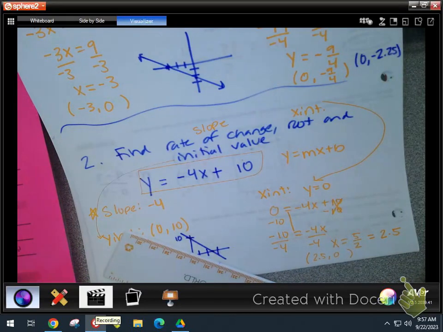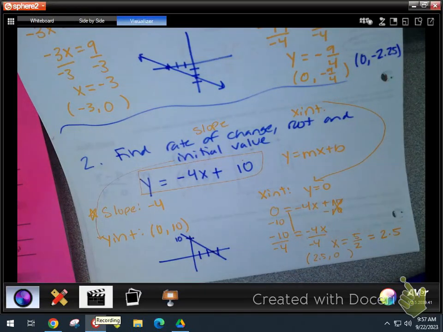It's on the review. If you don't have a review, I'm going to pass one out to you in a second. But look at your test review. Who needs one? 2.5, you just divided the top by the bottom, and that will always get you to a decimal. Okay, on the test review, look, it's broken down.